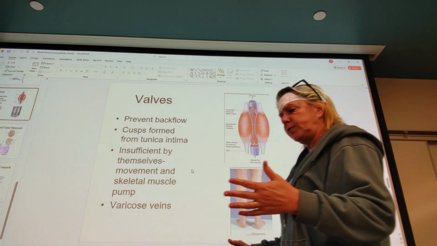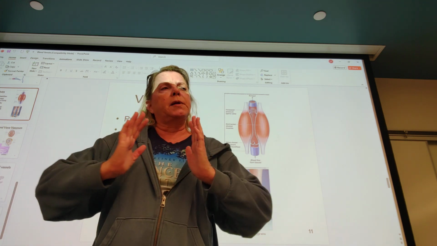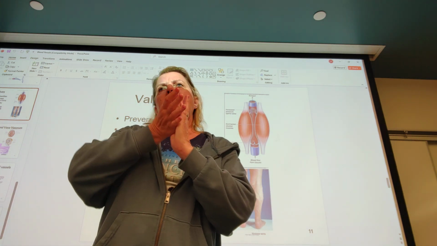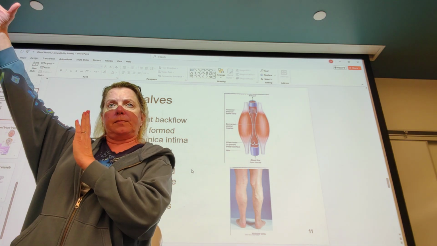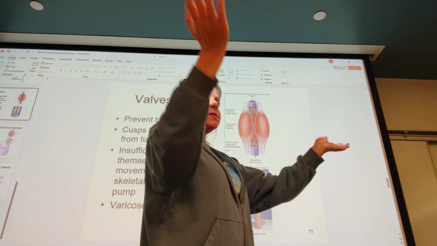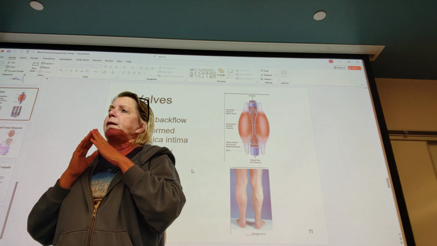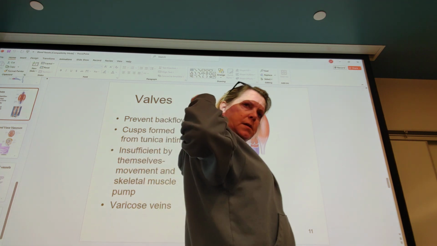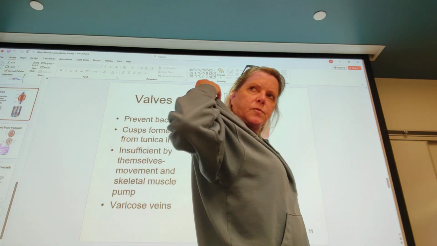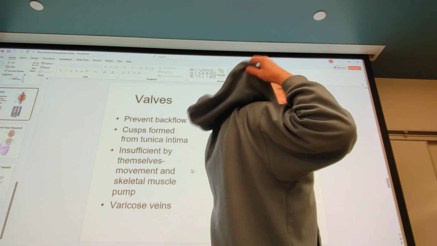Whenever we move and our skeletal muscle contracts, it's pushing on the blood inside veins and pushes it up to the next level, to the next valve. When you relax, the blood will want to regurgitate, but the valves prevent that from happening. If you remember from yesterday, cusp-like valves for the semilunar valves, the valves and veins are also like that.